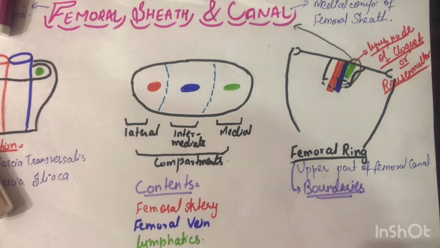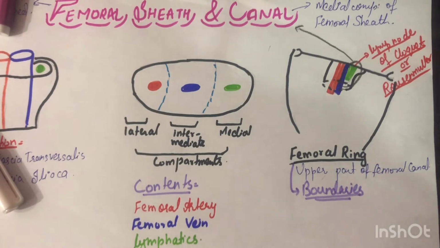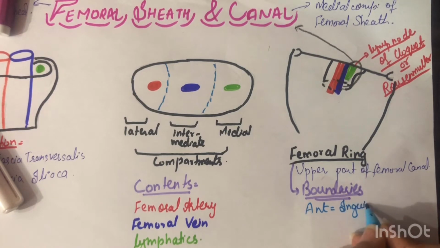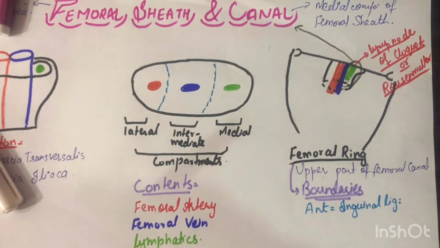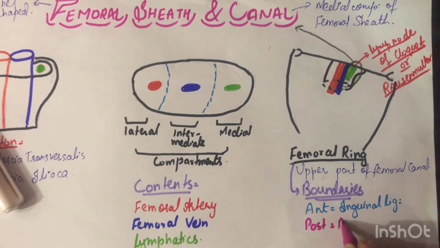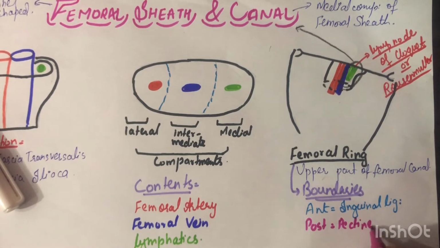Now it has the boundaries. The first boundary is its anterior boundary. Anteriorly it is made by the inguinal ligament, right? Then its posterior boundary. Its posterior boundary is formed by the pectineus muscle, or the pectineus ligament is also present there.